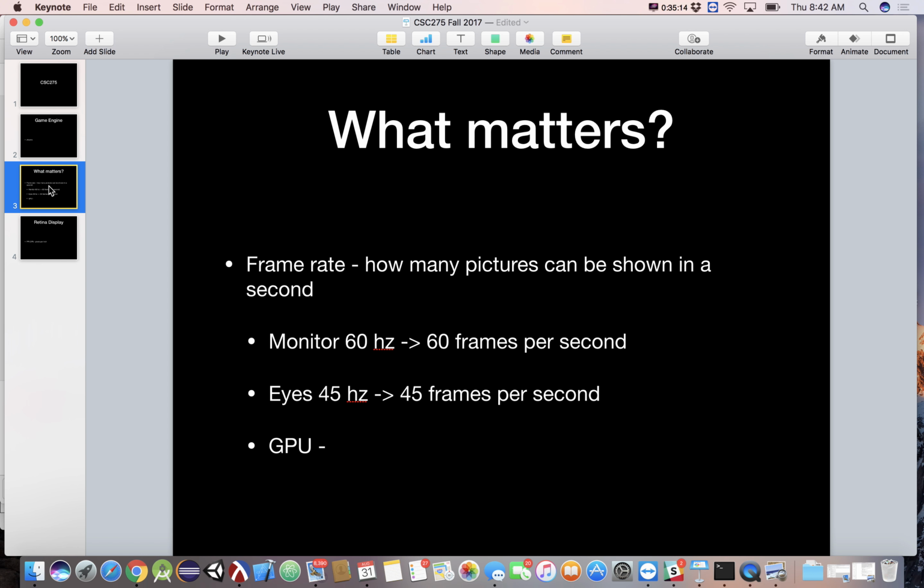What does 4K gaming mean? It means that the resolution you're playing the game at is 4K. That's 4 times 1080p. In terms of number of pixels, it's like 4096 by 2560, something in that ballpark, in terms of the resolution of your screen.